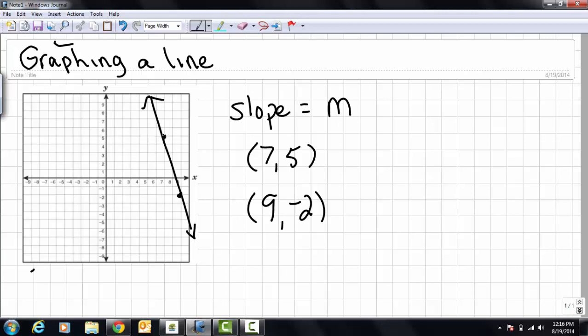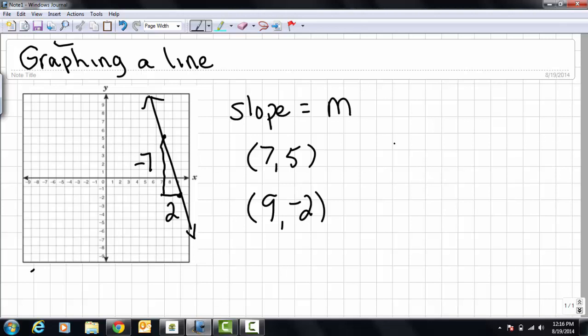Only this time, going from the left point to the right point, I had to go down. 1, 2, 3, 4, 5, 6, 7. Since I counted down, I'm going to count that -7, and I had to go right 2 spaces.